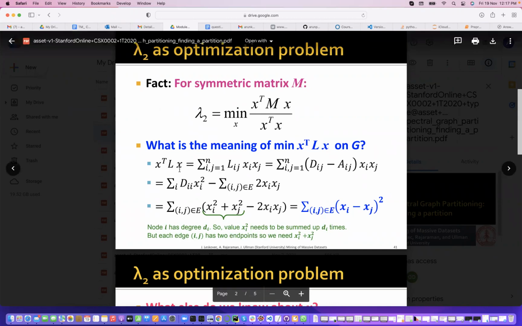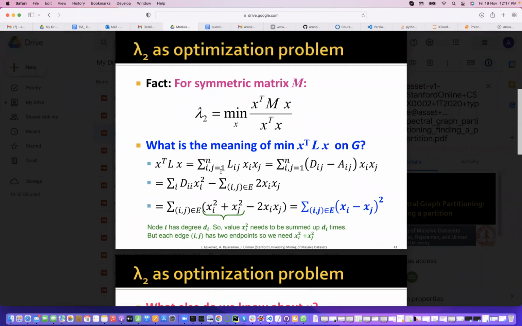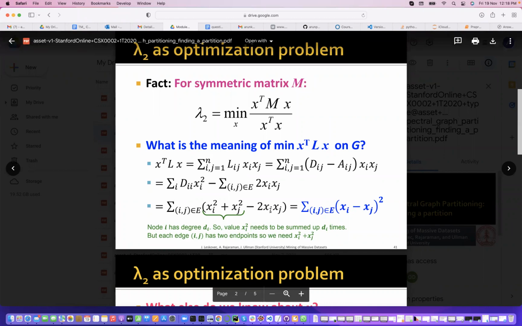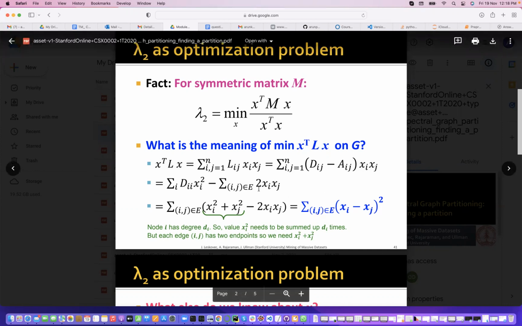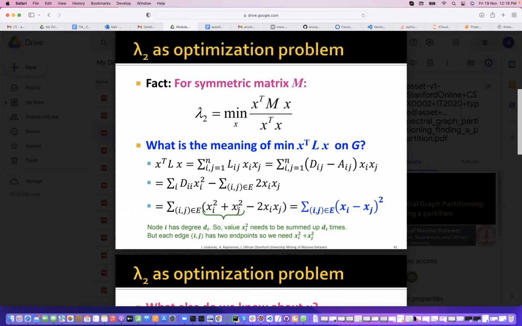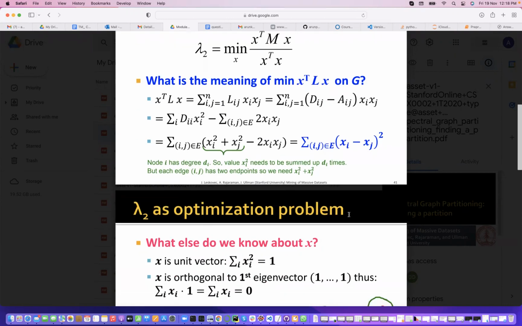You take the L matrix, then x transpose Lx. If you do some mathematics, you will get this equation: the sum over ij belonging to E of xi square plus xj square minus 2 xi xj. That is nothing but the sum over ij belonging to E of (xi minus xj) whole square. So finally, x transpose Lx becomes the sum over all edges ij in E of their squared differences.